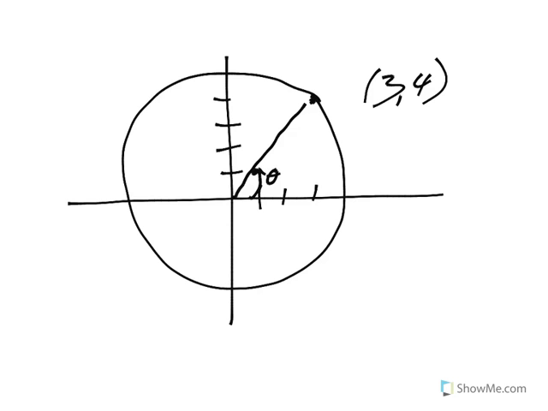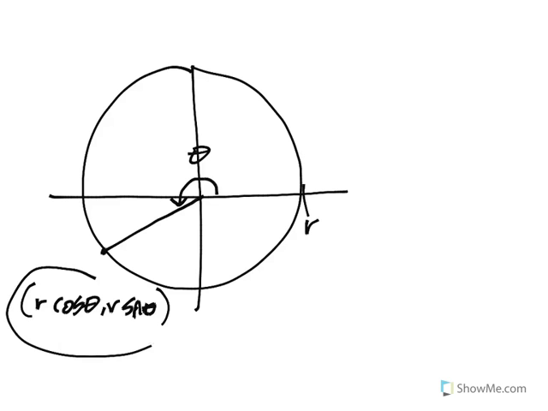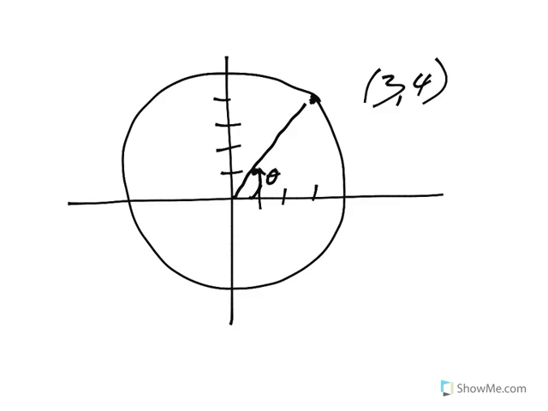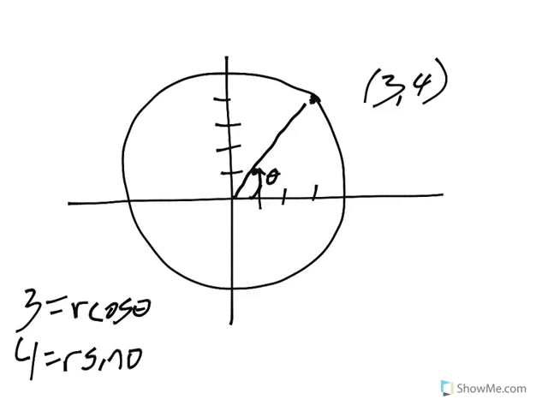But looking back at what I said back here, the x-coordinates are cosine theta, the y-coordinates are sine theta. So I go, oh, okay. So 3 is r cosine theta, and 4 is r sine theta. Solving those for cosine and sine, all of a sudden I've got an expression.